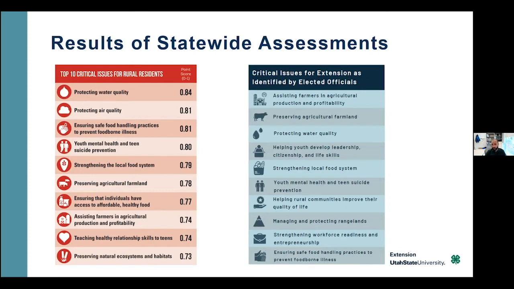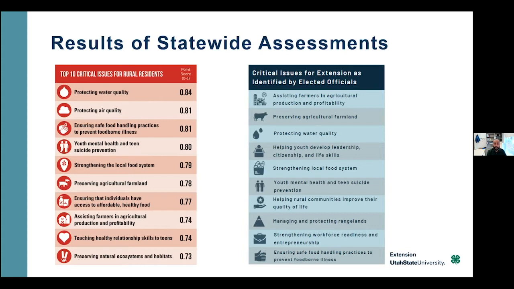Now, at the county level, if you decide to create your own program that targets the specific needs of your county, then I encourage you to work as a team at the county level and create those assessments, because that would give you very tailored information to identify the most relevant issues affecting your population.